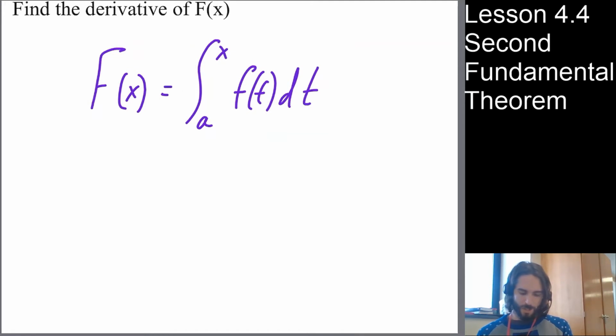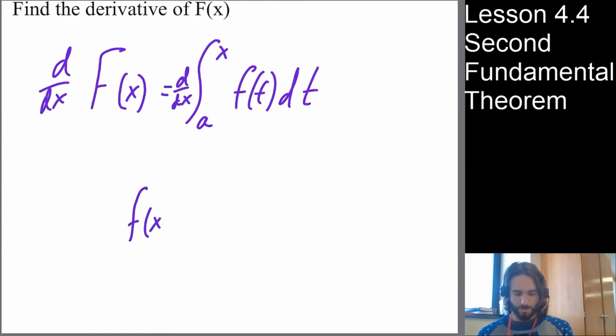If you were to take the derivative of both sides of that with respect to x, and I should have left myself more space to do that, but I didn't, we get little f of x. Maybe I'll just put an equal sign right here. So as long as you're going from a constant to just regular old x, you get back out this function, but in terms of x.